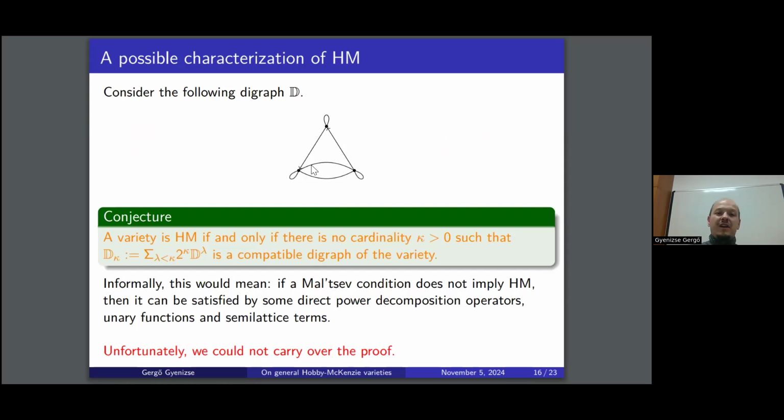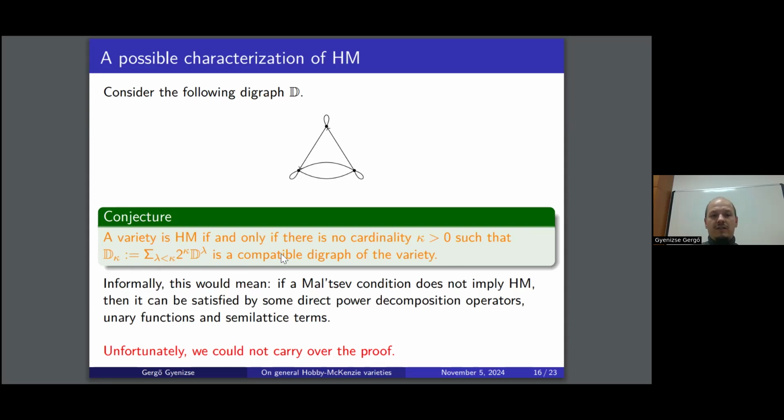We get this new graph which we called D, and we wanted to prove that the variety is Hobby-McKenzie if and only if there is no cardinality such that this D kappa, that we obtain the same way from D as we got C kappa from C, is compatible.